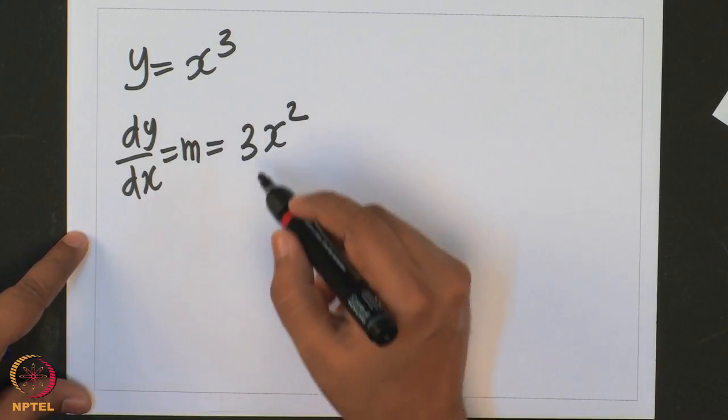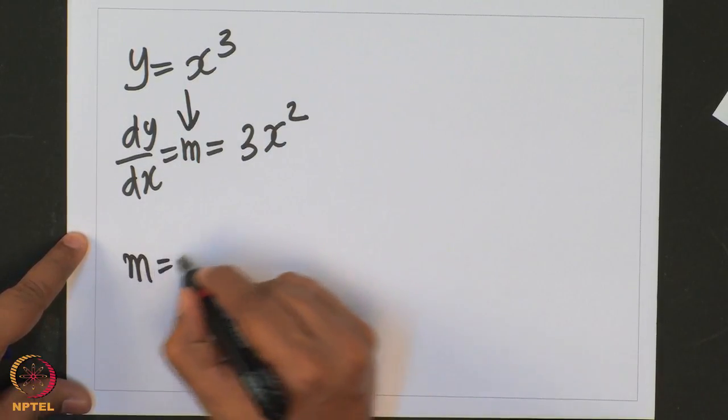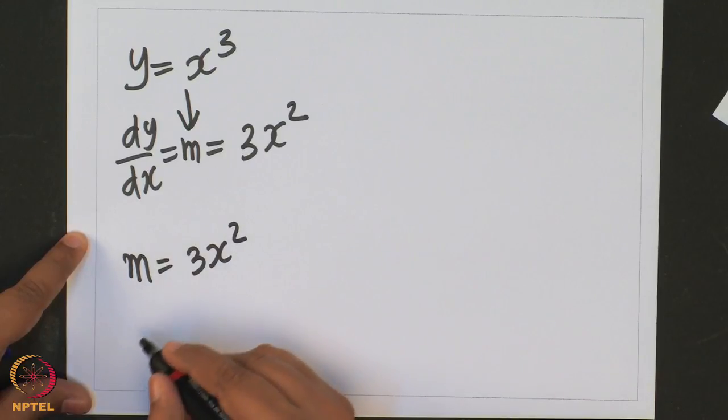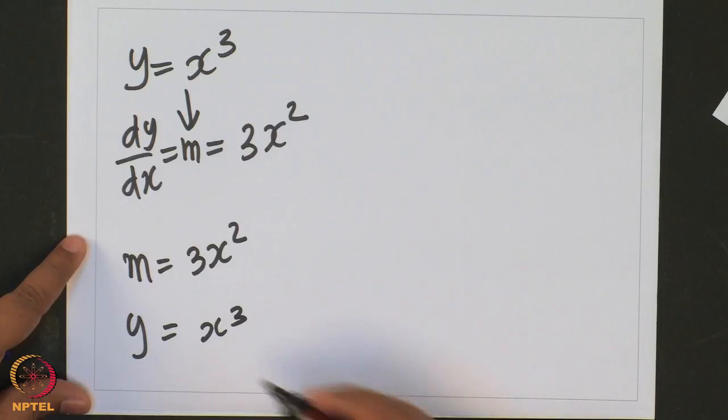So if we have m equal to 3x square, then y is x cube. This is something that we know.